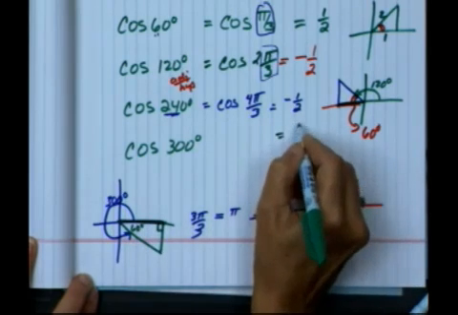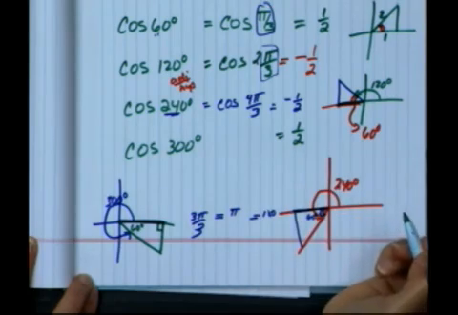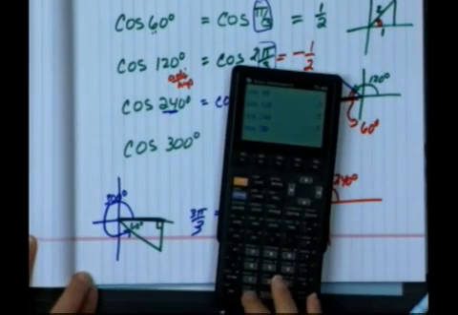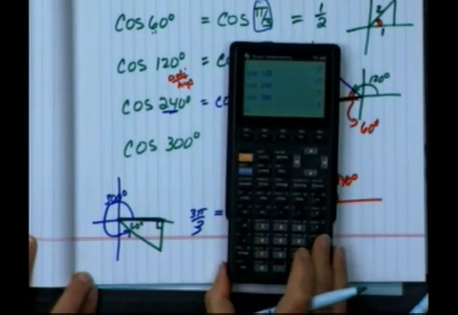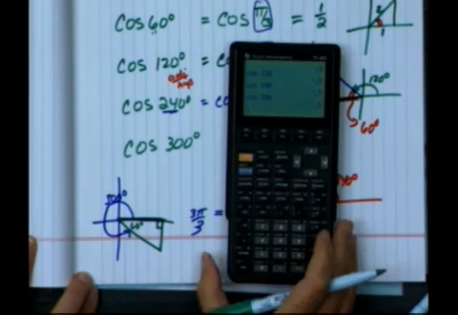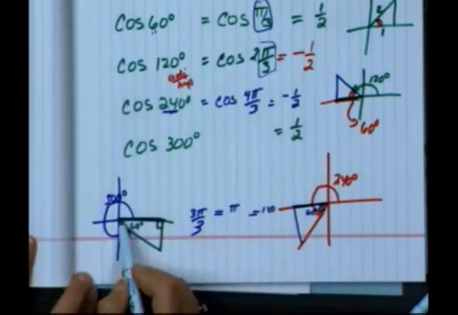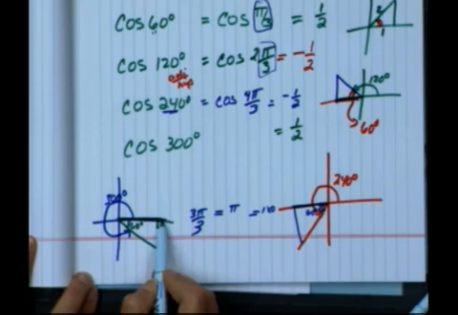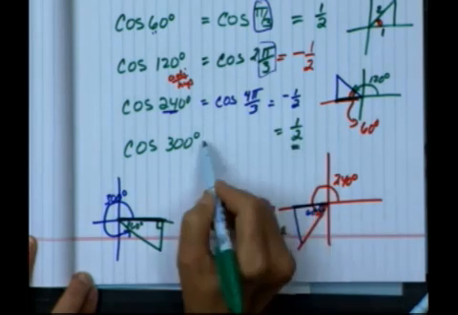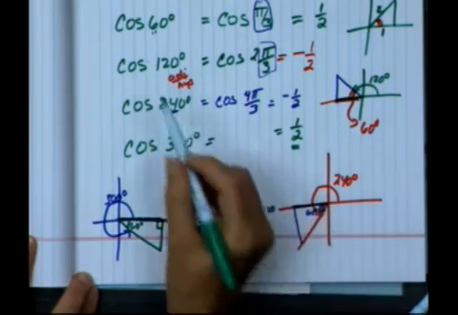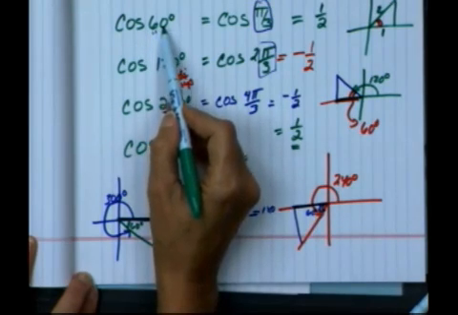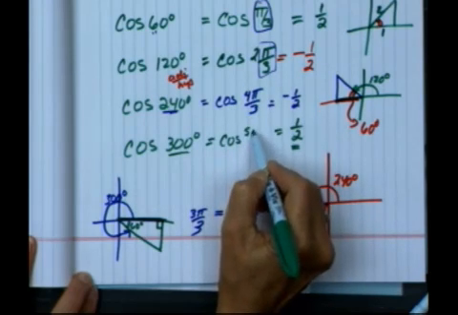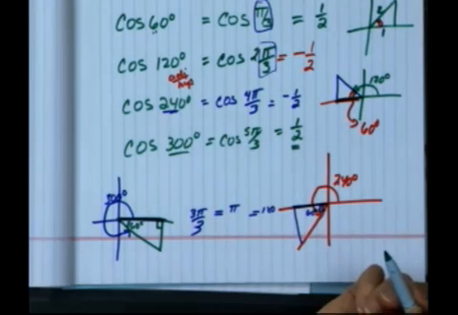So we know this is going to come out to be positive 1/2. Let's put in cosine 300, and there's your positive 1/2. It's because your adjacent side to your reference angle is along the positive x-axis. If you said 5 times 60, you're at 300. That's the same thing as cosine of 5 pi over 3.